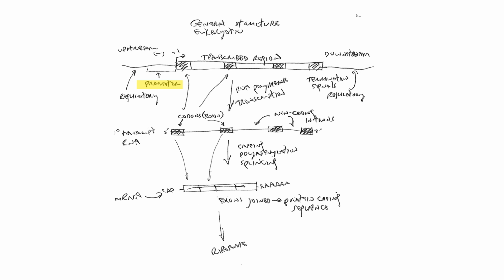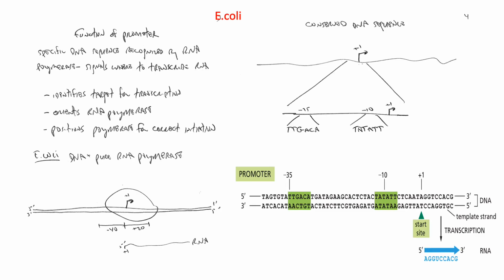So we're going to focus on that and look at how it participates in regulating transcription. For this example, starting out relatively simple, we're looking at E. coli bacteria. We will soon move to the eukaryotic promoter, which turns out to be much more complicated. So we're looking at an E. coli gene that would encode protein.